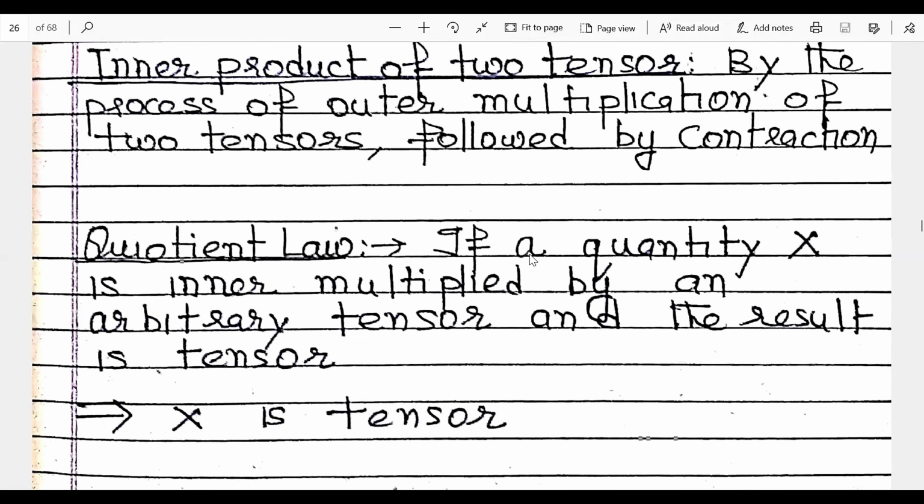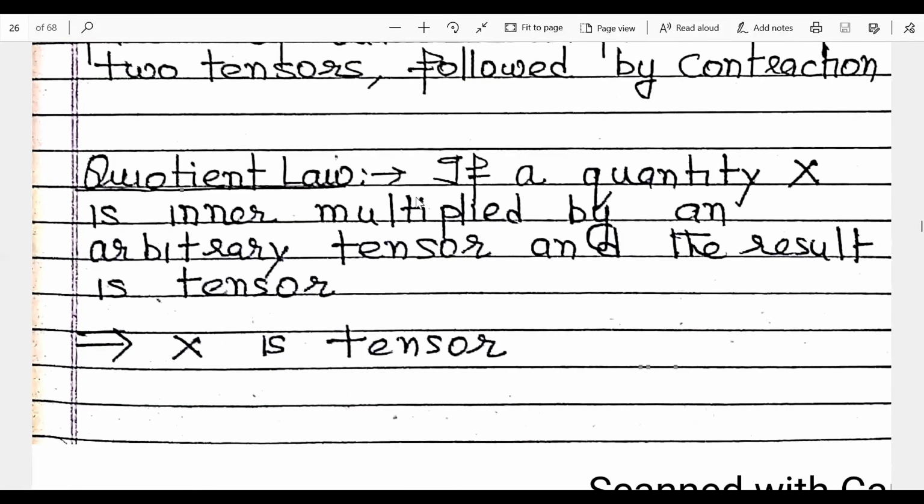Now next is quotient law. If a quantity x is inner multiplied by an arbitrary tensor and the result is again a tensor, then it implies x is a tensor.